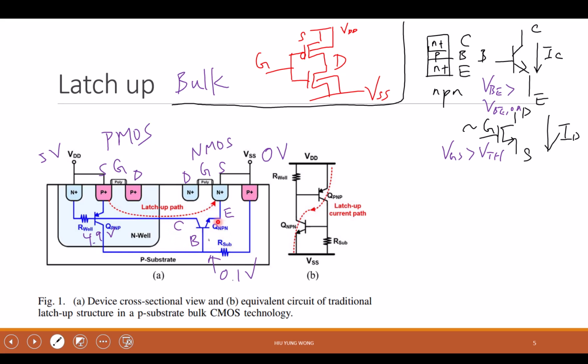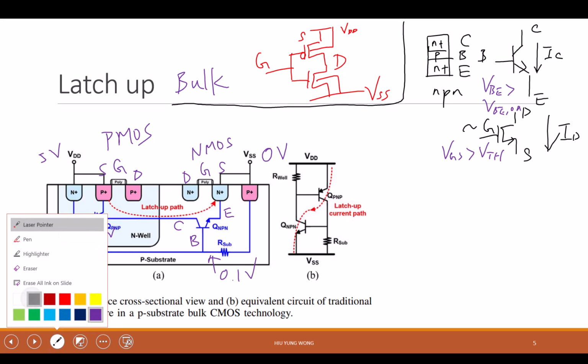So even if you have a parasitic NPN, no problem. There's no current, to the first order. But if there's some current, you cause a potential drop across this R substrate. This may be 0.7 volt, this is 0 volt, then you drain a lot of current. Okay, that is the first thing. Any questions?